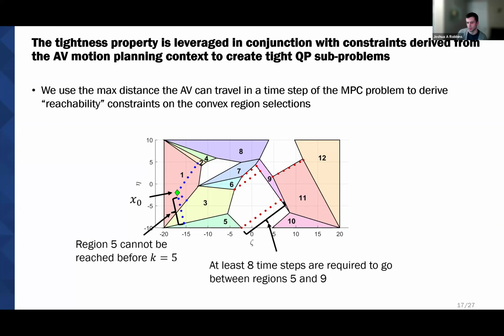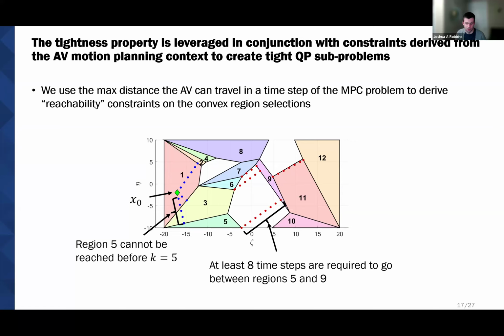Specifically, we're using what we're calling a reachability constraint, where we use the max distance that the autonomous vehicle can travel in a time step of the MPC problem to get constraints on how the convex regions can be combined across time steps.